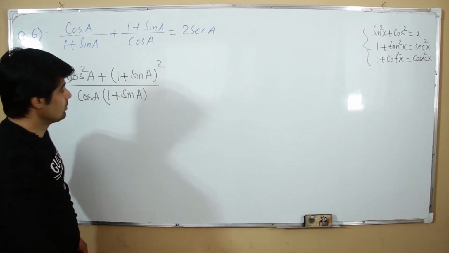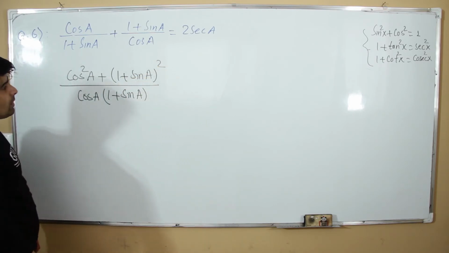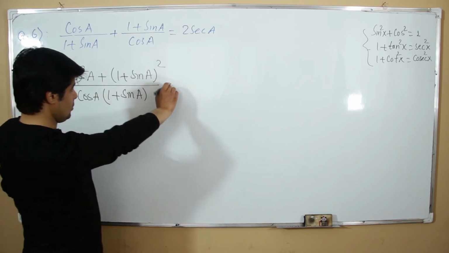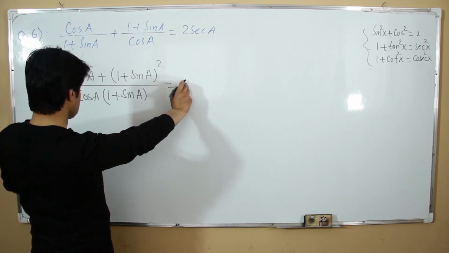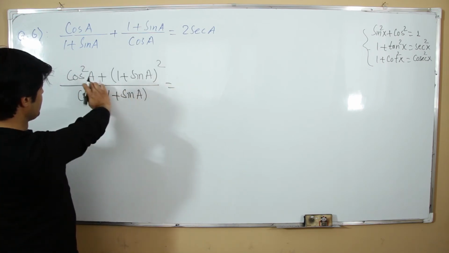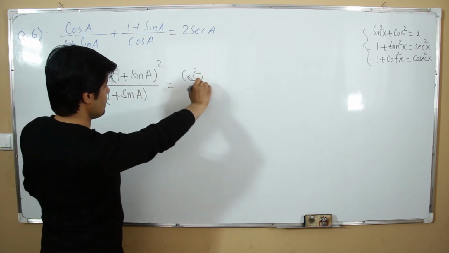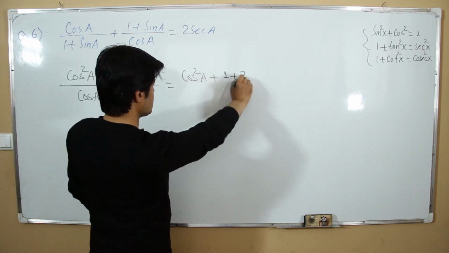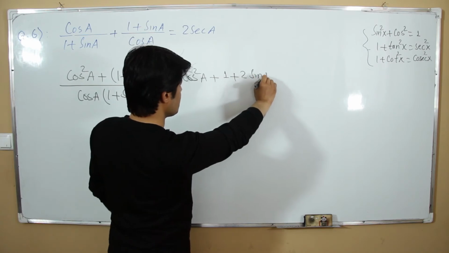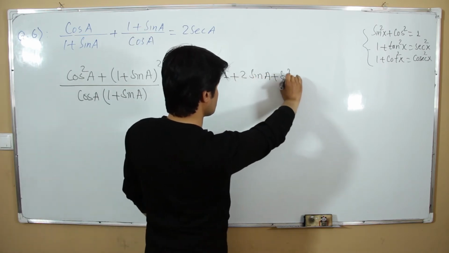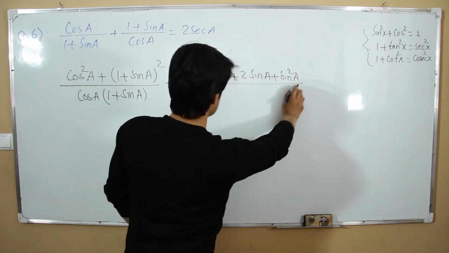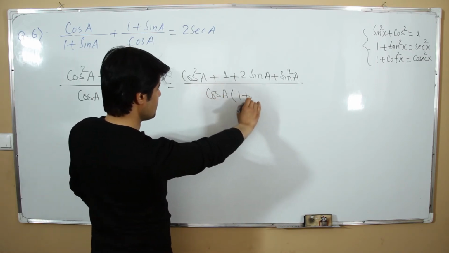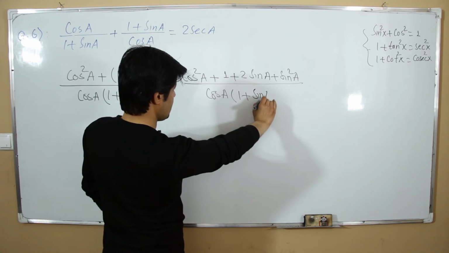Am I right? Now what do you think? We have to expand this one. There is no way. So we will have cosine square of a plus 1 square is 1 plus 2 sine a plus sine square of a, divided by cosine a multiplied by 1 plus sine a.